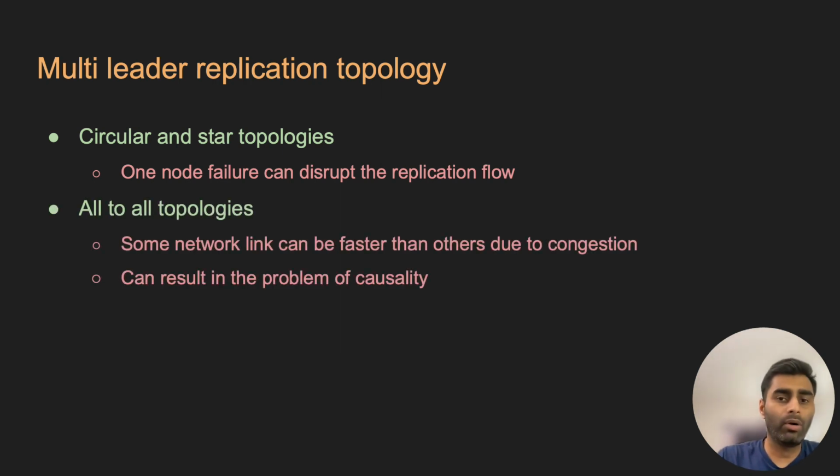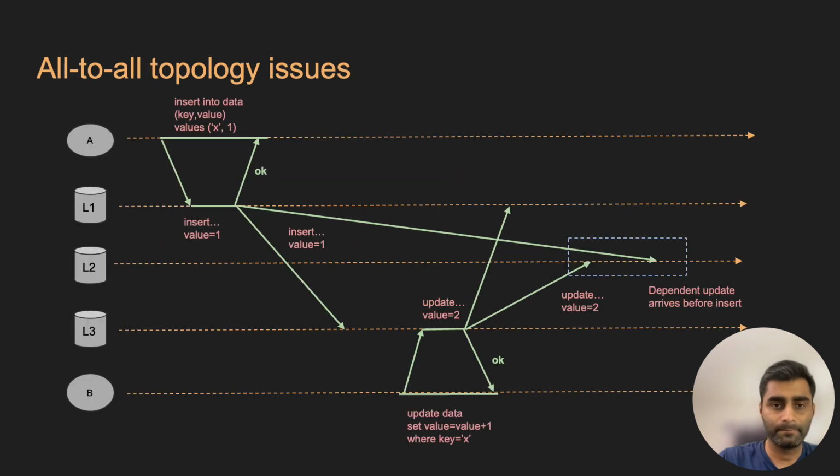On the other hand, all-to-all topologies can have issues too. For example, some network links may be faster than others due to network congestion, and it can lead to some replication messages overtaking others. Let's understand this with an example. In this image, client A inserts a row into a table on leader 1. This is the insert.